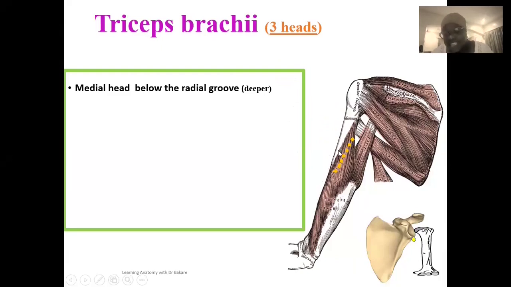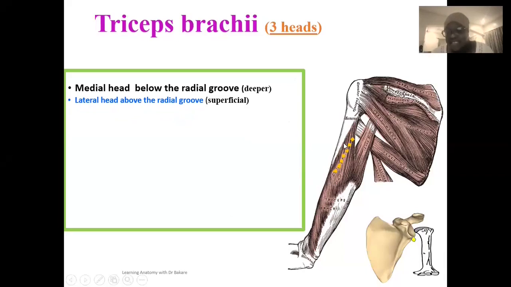So let's imagine that this is the radial groove here, highlighted in yellow. At the inferior region, or below the radial groove, we have the emergence of the medial head of the triceps brachii muscle. It will not be seen in this image because the lateral head is already covering over it. While the lateral head is seen to originate above the radial groove.